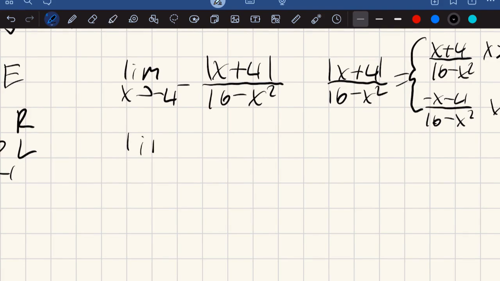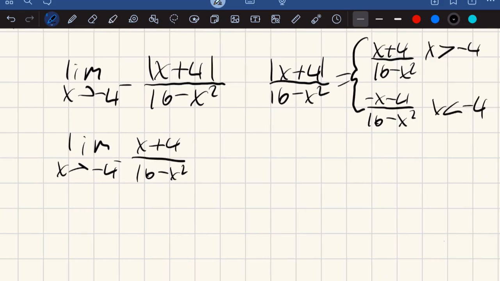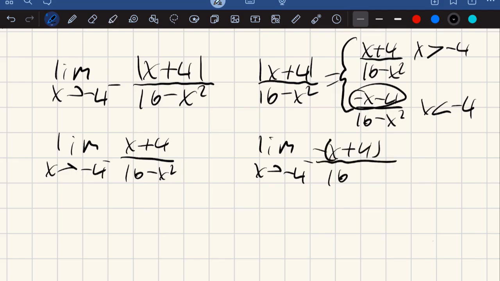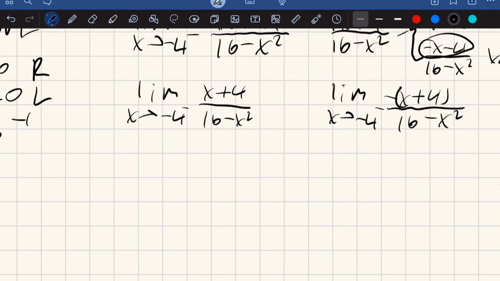So the limit as x approaches negative 4 of x plus 4 divided by 16 minus x squared, and then the limit as x approaches negative 4 from the left of the same expression rewritten as x plus 4, but with a negative sign outside. For this, we have to factor the bottom.